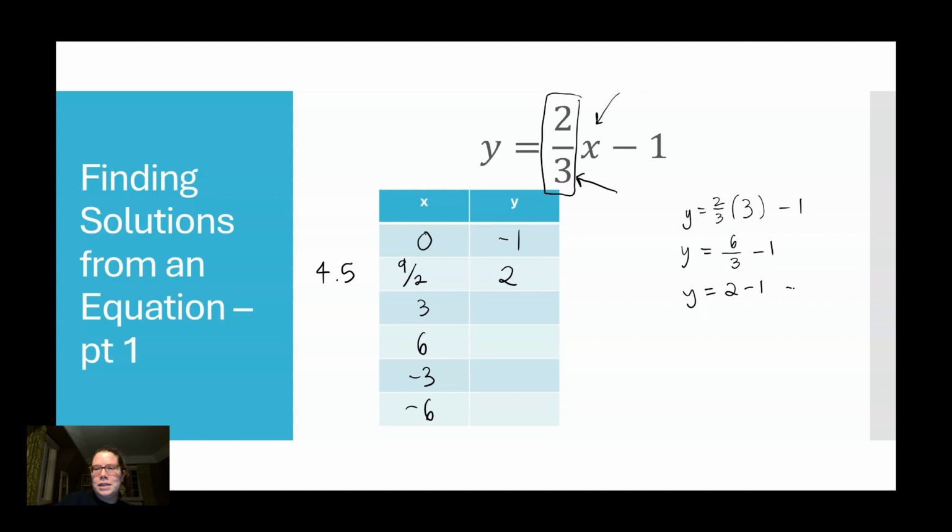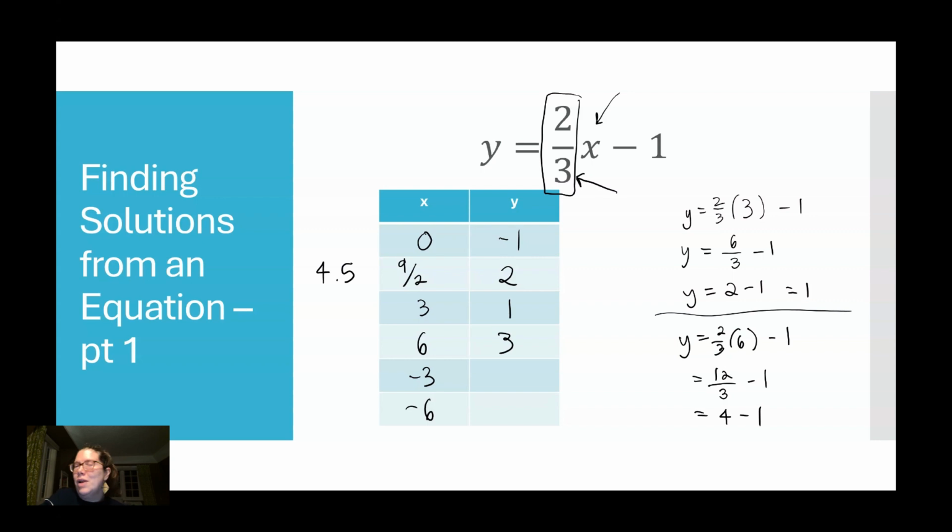We love it. I don't end up with a fraction, which is fantastic. Let's do it for 6. y equals 2/3 of 6 minus 1. And I'm going to multiply on the top and then divide the bottom. 4 minus 1 is 3.